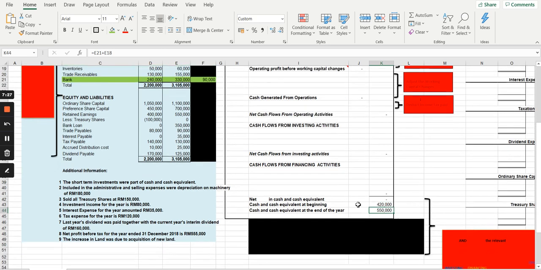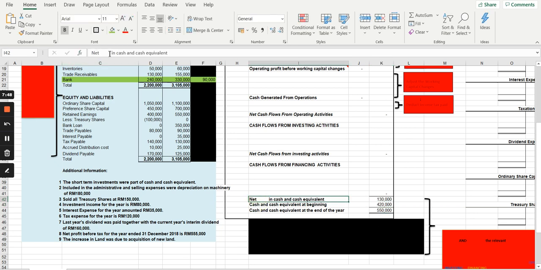So that will be 420,000. With that, you will get your net increase or net decrease in cash and cash equivalent. It looks like there is a net increase of 130,000.